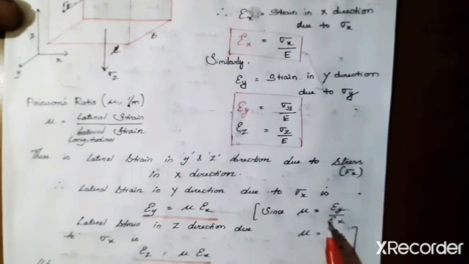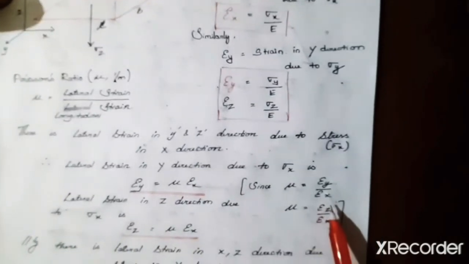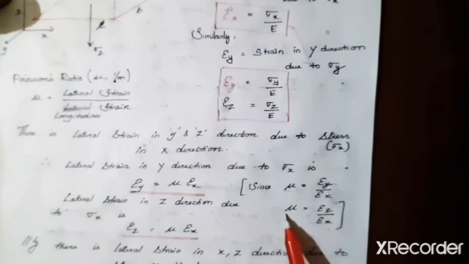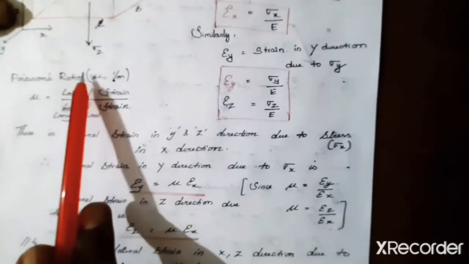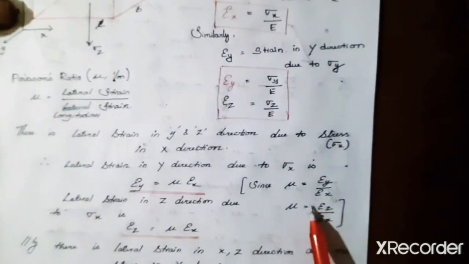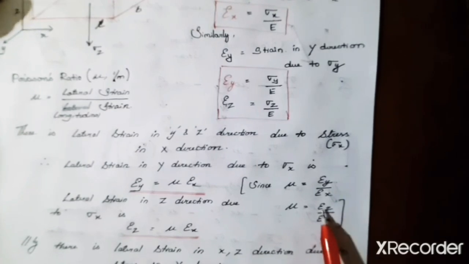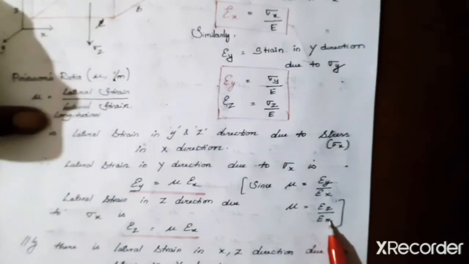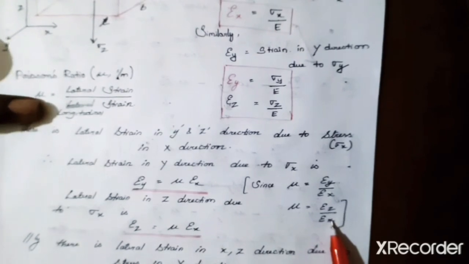Lateral is in y, longitudinal is in x. And in the same way, we can write another mu equation, Poisson's ratio, lateral by longitudinal. So I can write again with respect to z direction, epsilon z by epsilon x. So epsilon x is nothing but the longitudinal strain, as in the figure, as in the equation.